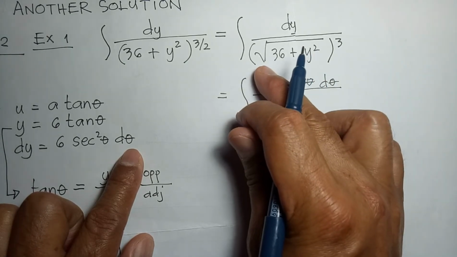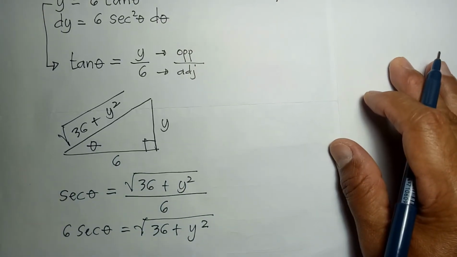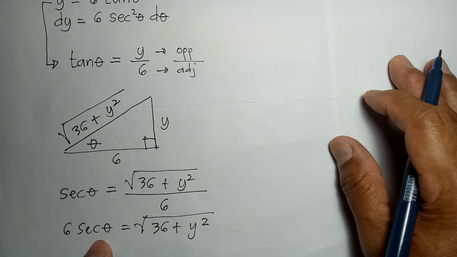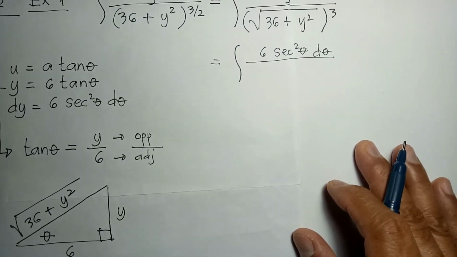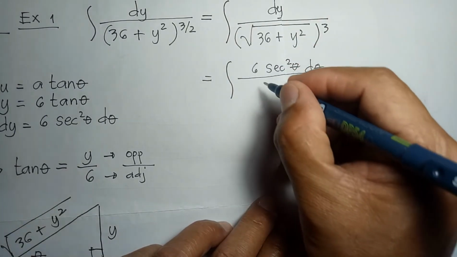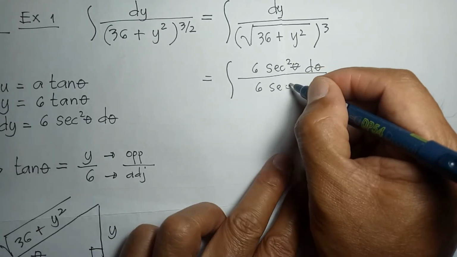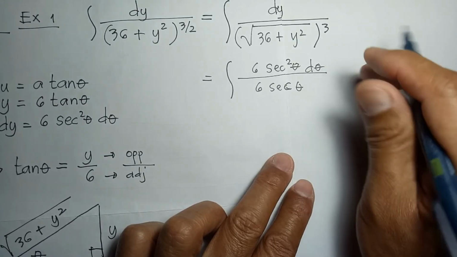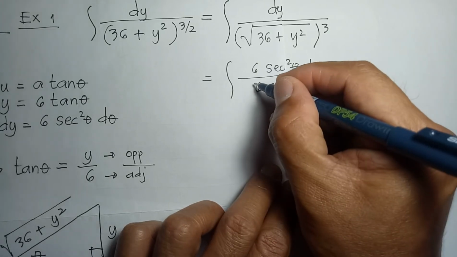Tapos, meron tayong square root of 36 plus y squared, at yung square root of 36 plus y squared equals siya sa 6 secant of theta. So, papalitan natin siya ng 6 secant of theta, tapos naka-raise siya sa 3.